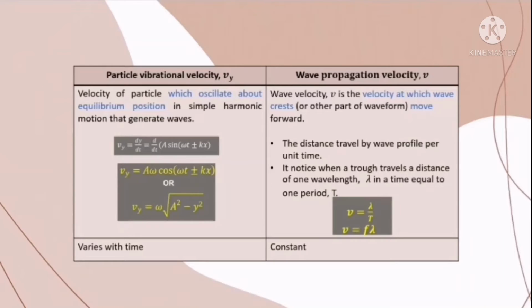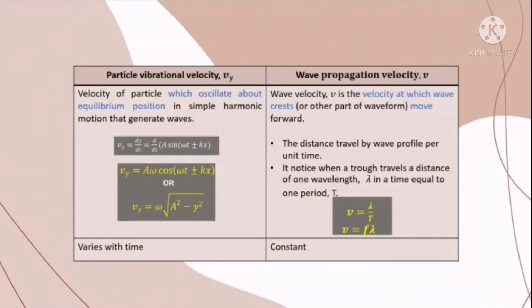Velocity of particle is defined as the velocity of a particle which oscillates about its equilibrium position in simple harmonic motion that generates the wave. Meanwhile, wave velocity is defined as the velocity at which a wave crest or other part of the waveform moves forward. It is also defined as the distance traveled by the wave profile per unit time.